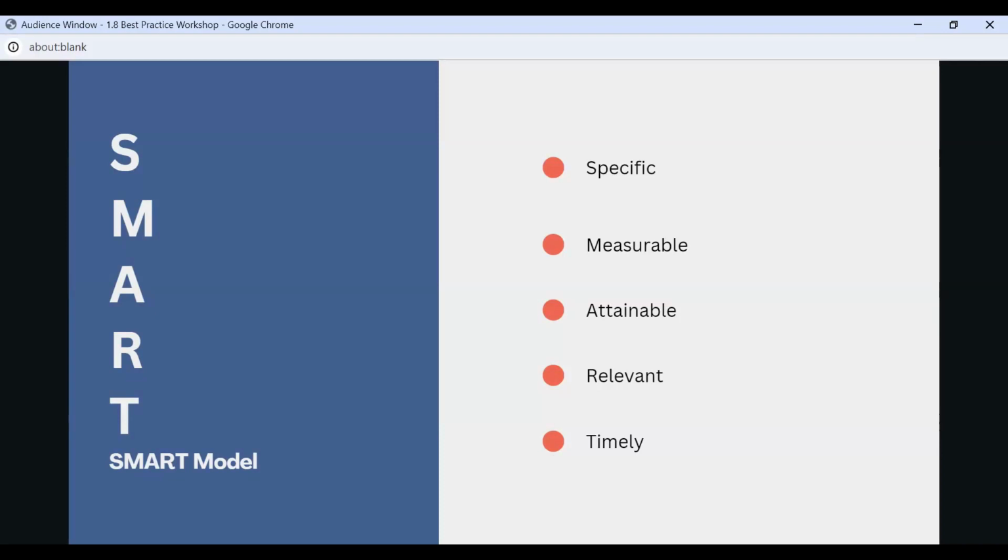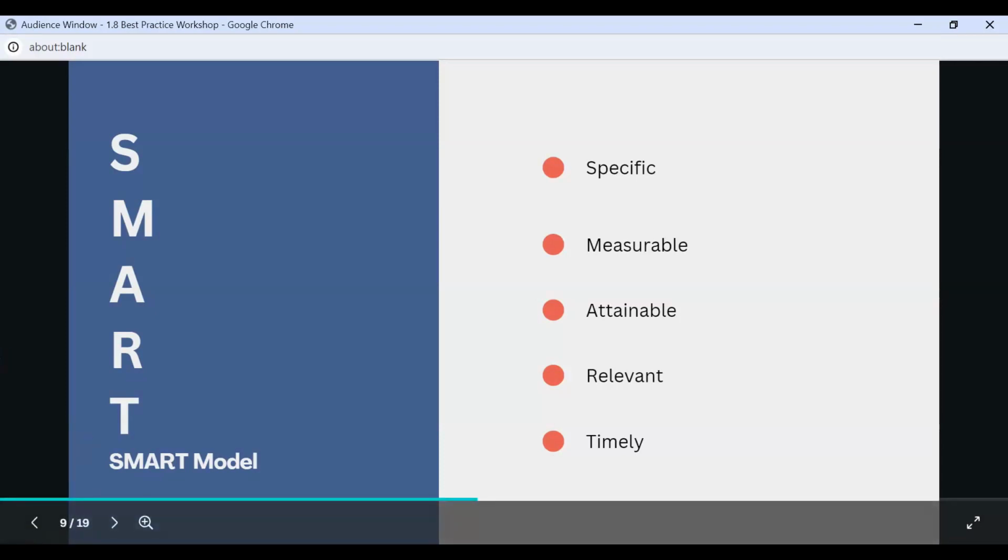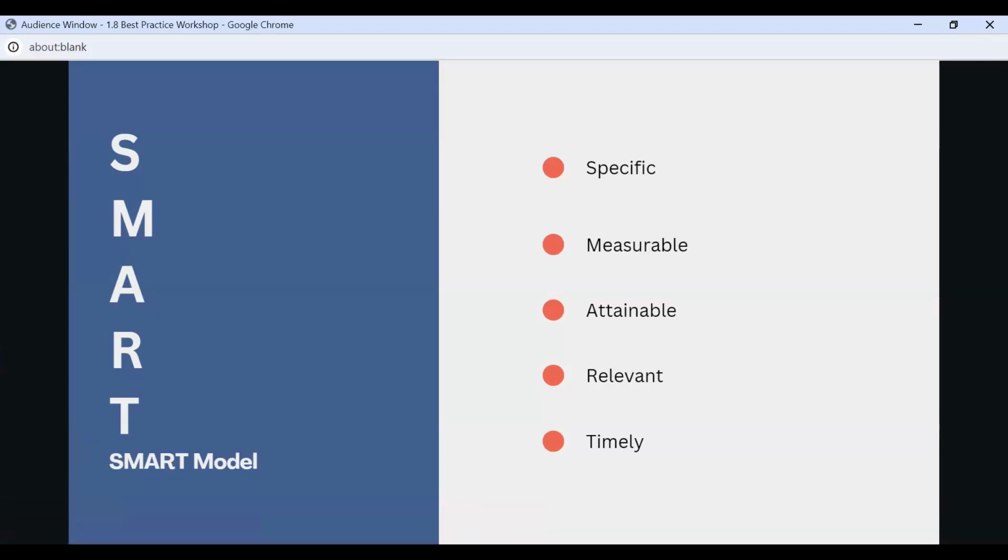And SMART stands for specific, measurable, attainable, relevant, and timely. And these are pretty self-explanatory. But in terms of specific, is it clear? Is it direct, like identifying the steps? Is it measurable? Can it be observed and assessed?